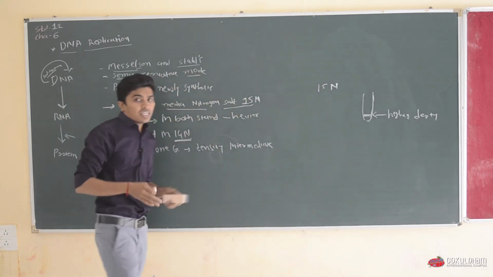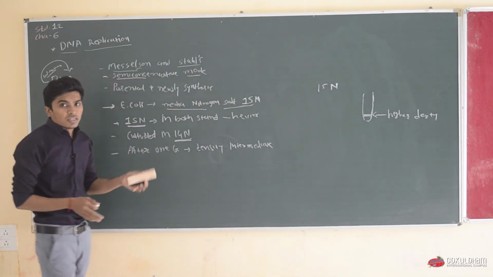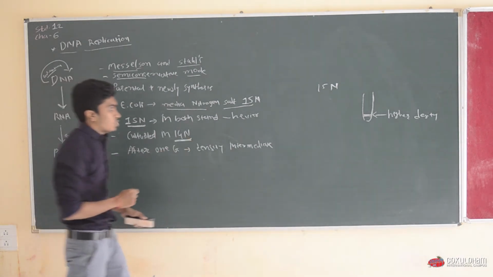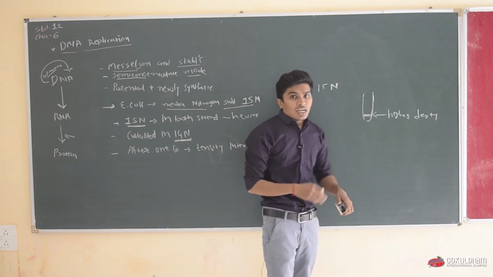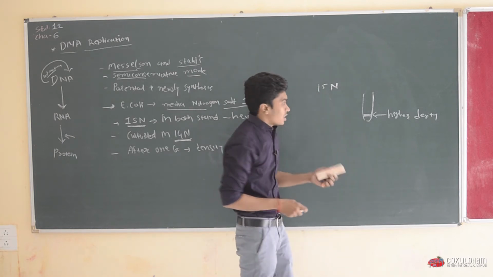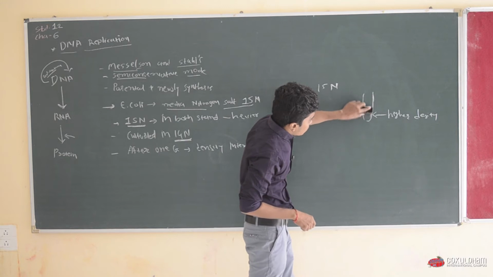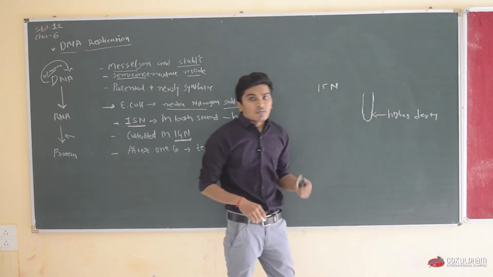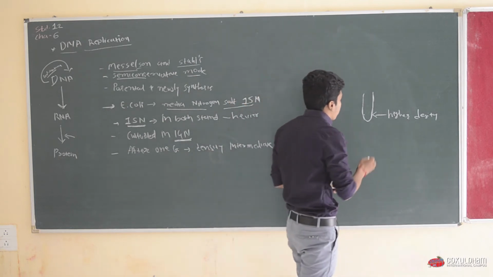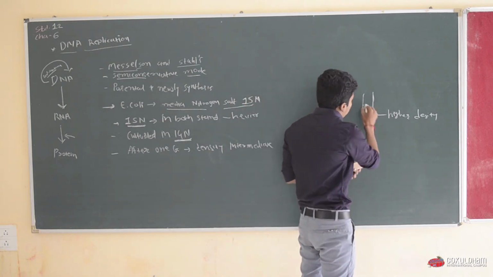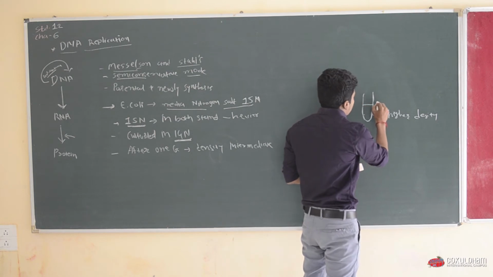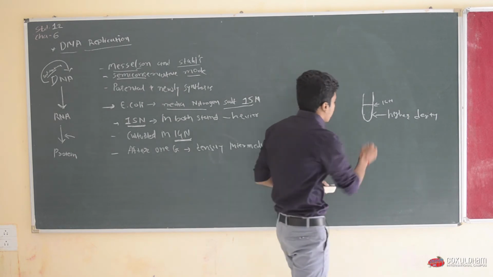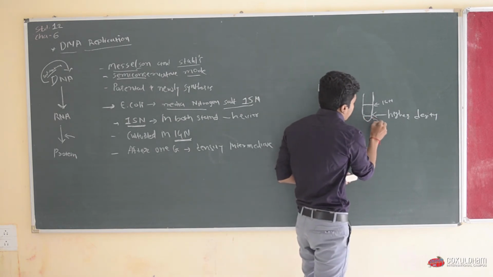And after that, when they cultured this E. coli in 14N nitrogen, they measured the density of the DNA molecules. Here is the 14N-containing DNA, and here the 15N-containing DNA.